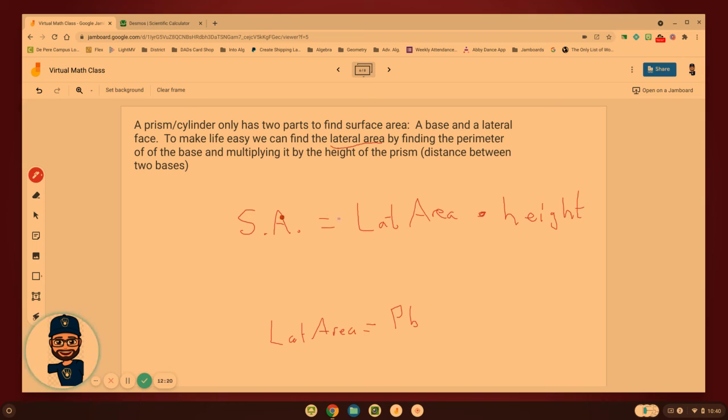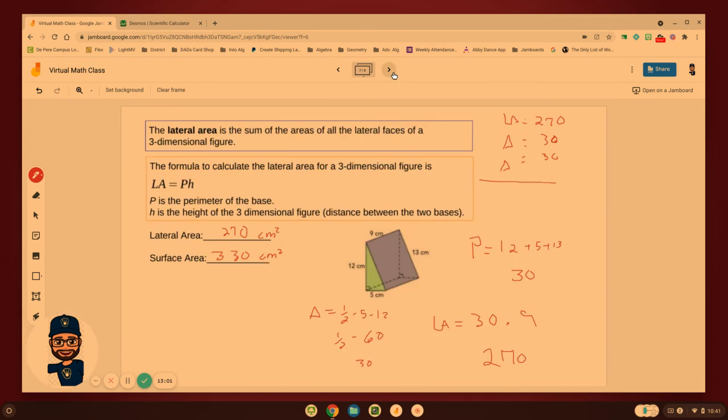Surface area equals your lateral area plus 2 of your base areas. And that lateral area is coming from perimeter times the height between the bases. All right, let's look at another one.